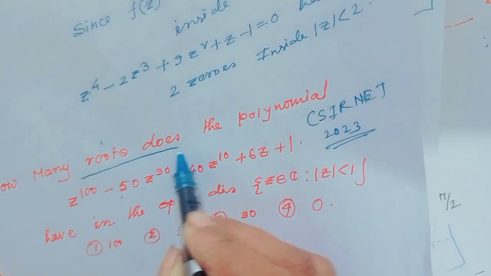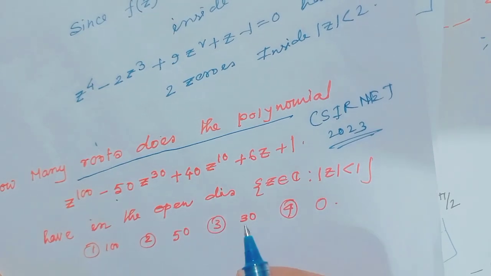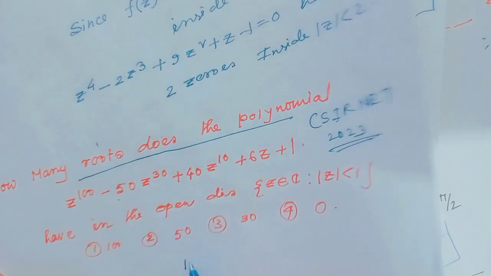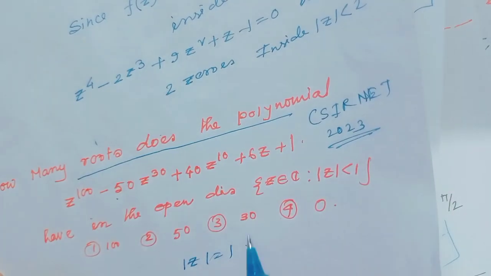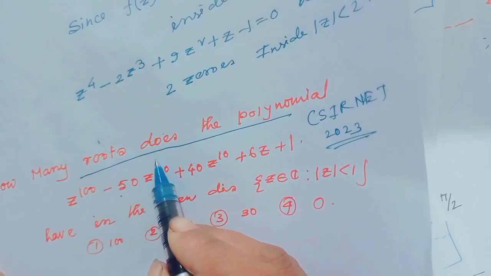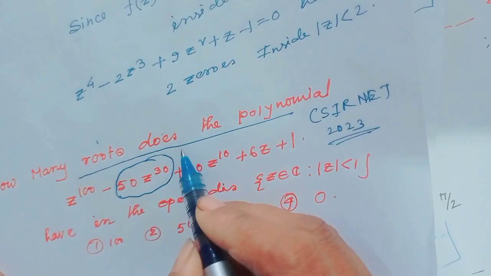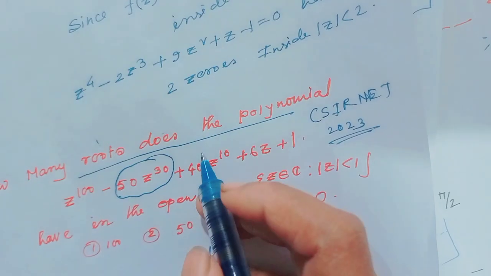Here I will apply Rouche's theorem. On mod z equal to 1, the highest coefficient is 15, with z to the power 30.